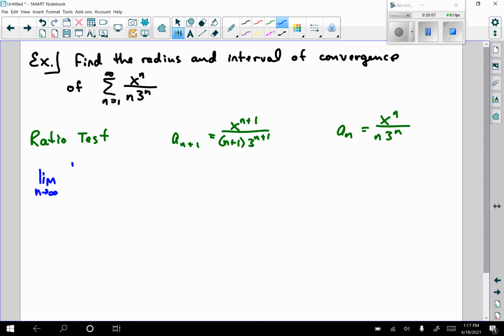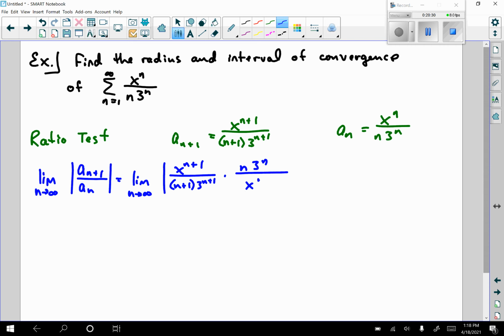So the limit as n goes to infinity of this ratio, again, we'll multiply the first, a sub n plus 1, by the reciprocal of a sub n. I'm doing this carefully. We'll just leave everything inside the absolute values here.